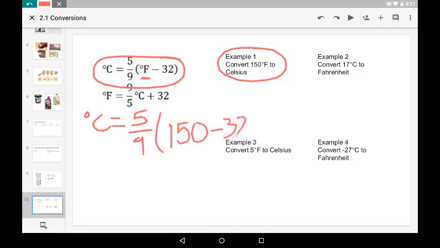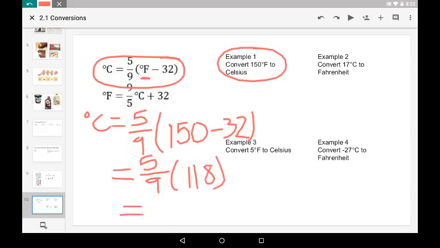Remember your order of operations. 150 minus 32 is in brackets, so you do that first. So you have 5 over 9 times 118. Then you can multiply and divide either in 1 or 2 steps, whatever works for you, and you'll end up with an answer of approximately 65.6 degrees Celsius.